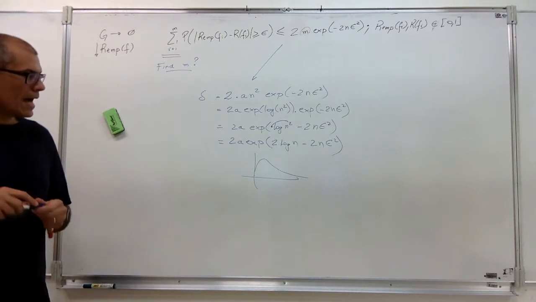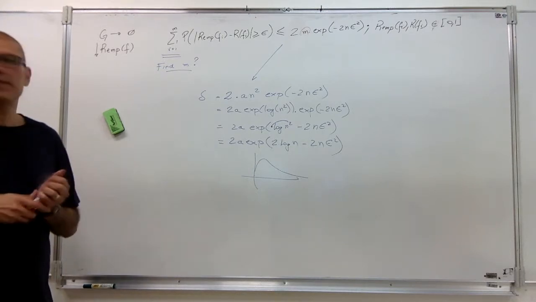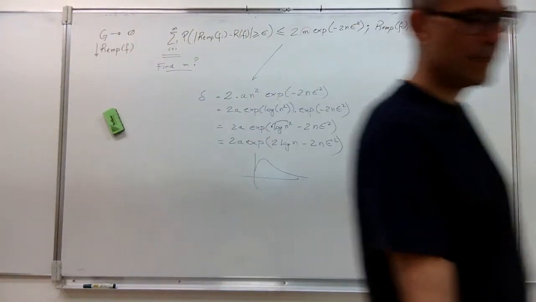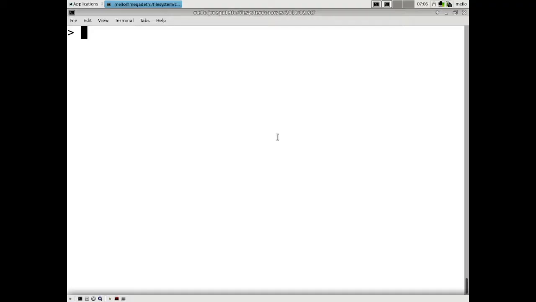And you know why that's so interesting? Let's plot to see what's happening. For example, if I have a sample size of 1,000 examples, and a is equal to 1, I'm going to have 2 times 1 times the exponential of 2 times the log of n minus 2 times n times some epsilon.